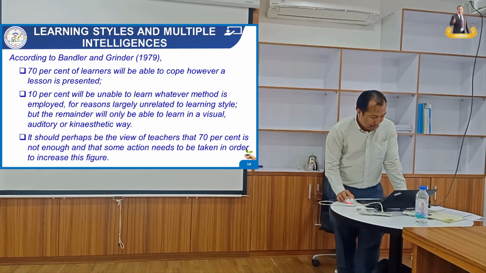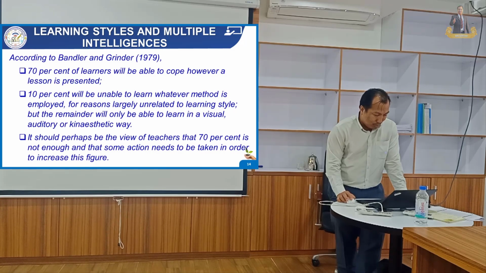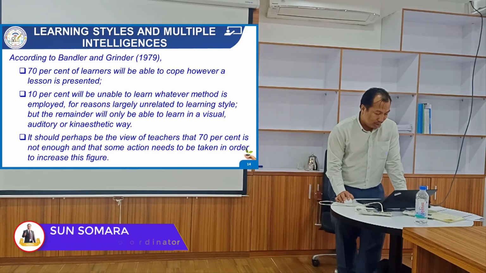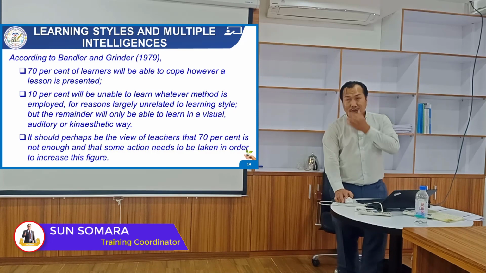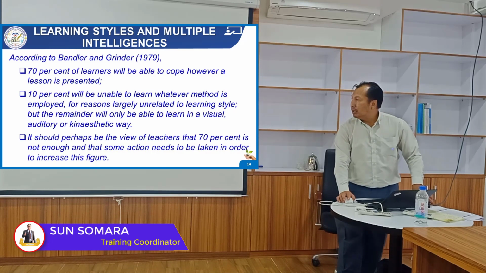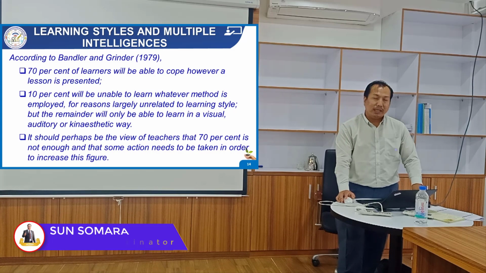And 10% will be unable to learn whatever method is employed, for reasons likely unrelated to learning style, but the remainder will only be able to learn in a visual, auditory or kinesthetic way. So that 10% may prefer a particular learning style.